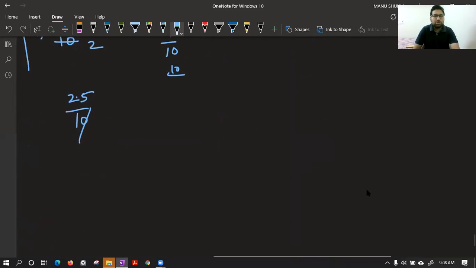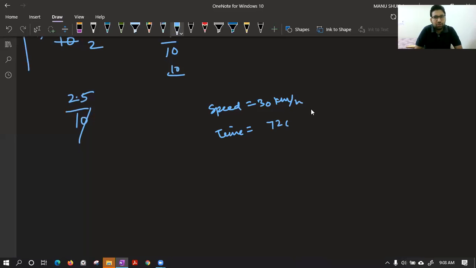Suppose the question is like this: speed is the same, 30 kilometer per hour, and the question is asking to find the distance covered if the time is 3600 seconds.